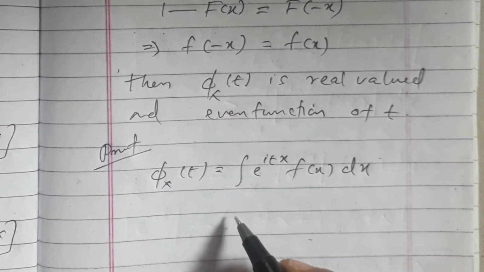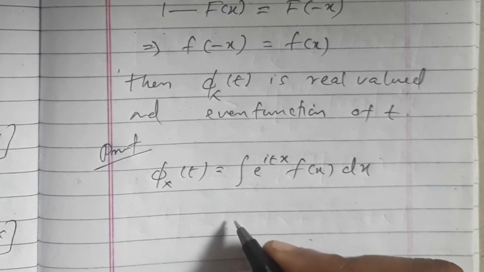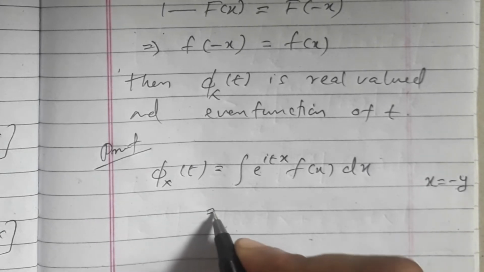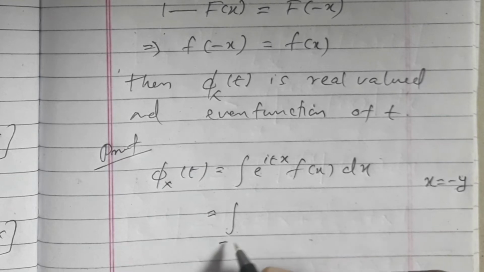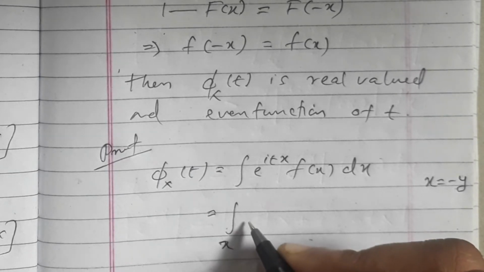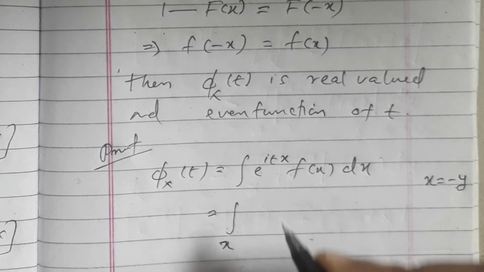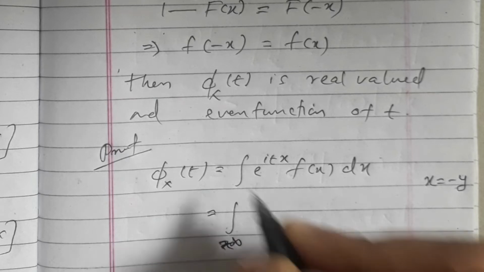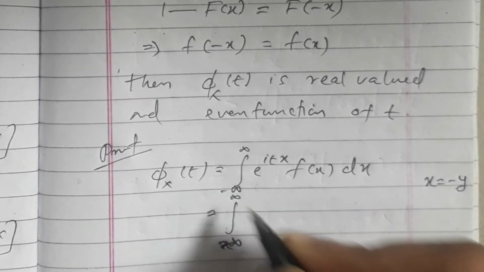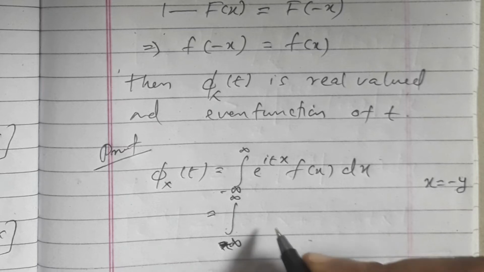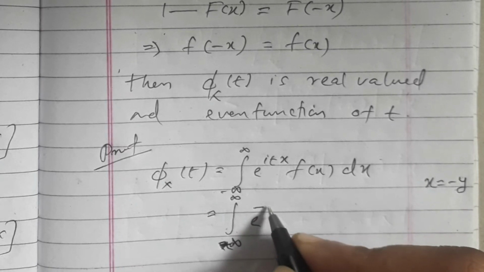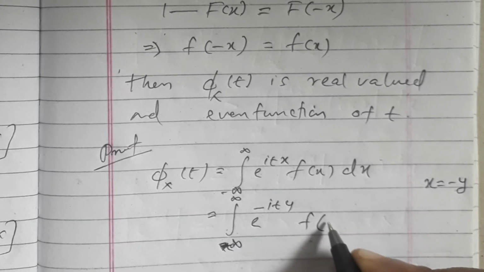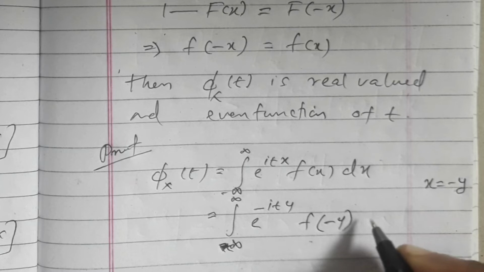To avoid confusion with two x's, I am taking y next. So put x is equal to minus y, which is equal to integral, taking the range minus infinity to infinity, so there is no confusion. So e raised to minus I t y f of minus y dy.